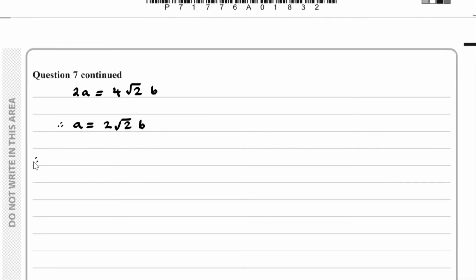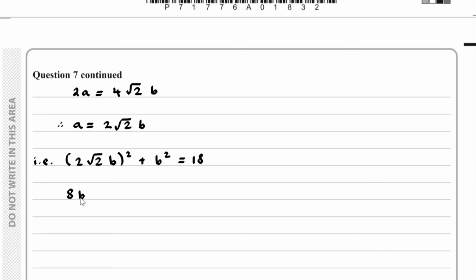what we have is a squared, well, I've got a squared, which is 2 root 2 b squared, plus another b squared, that's equal to 18.